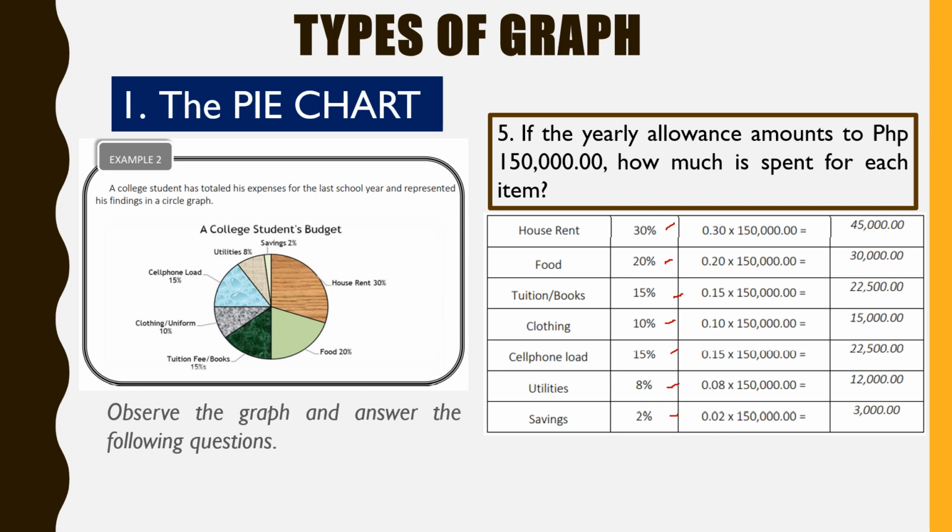They were all multiplied by 150,000, and here are the results. As you can see, most of the budget is spent for house rent, which is 45,000.